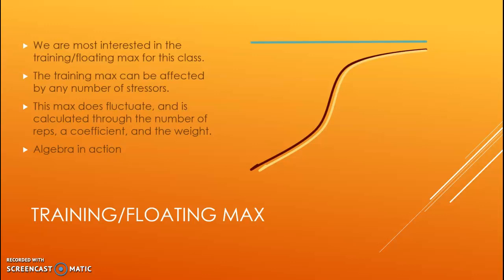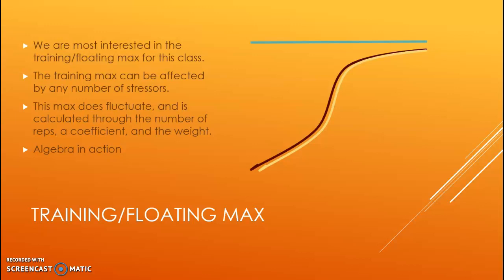What we're most interested in this class, and you'll see this with your clients, is that floating max, because it can be affected by a number of different stressors. You're not in an optimal environment. Usually your clients will not be trained and taken into a direction where you're doing an absolute 1-rep max. And it's a real quick and dirty way when somebody does an exercise, you can give them an answer. Well, how much is that?